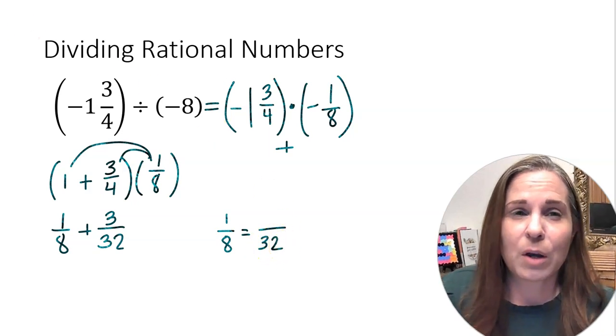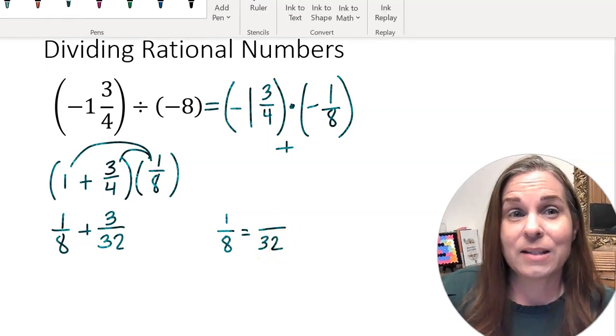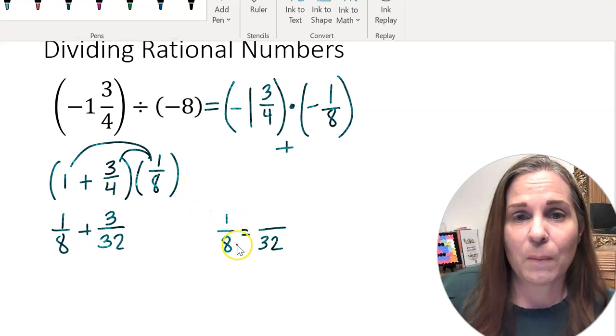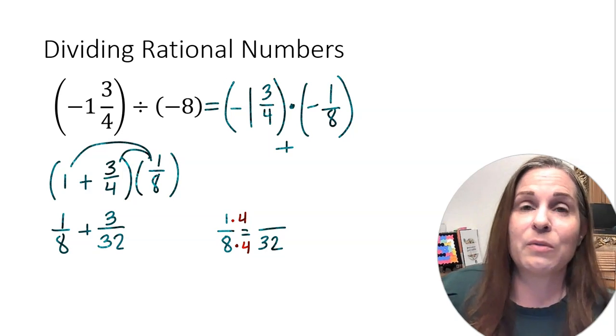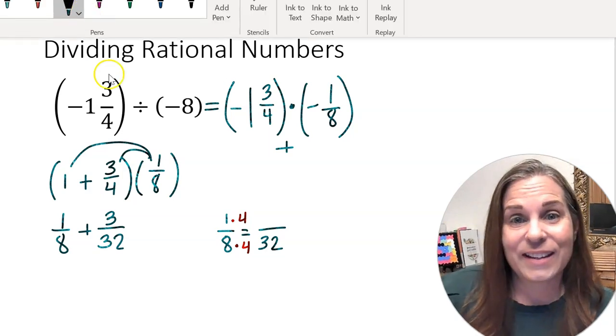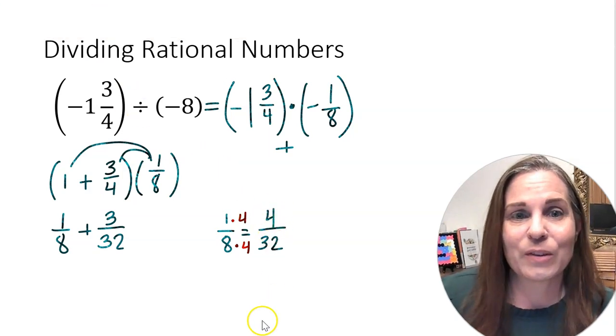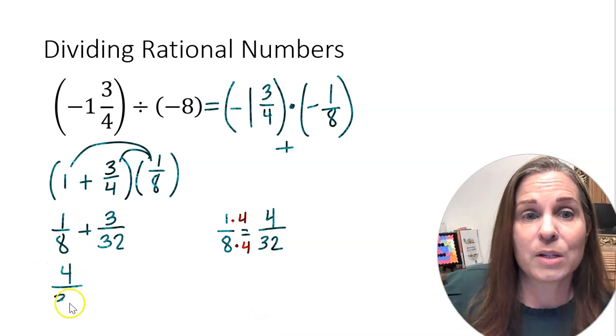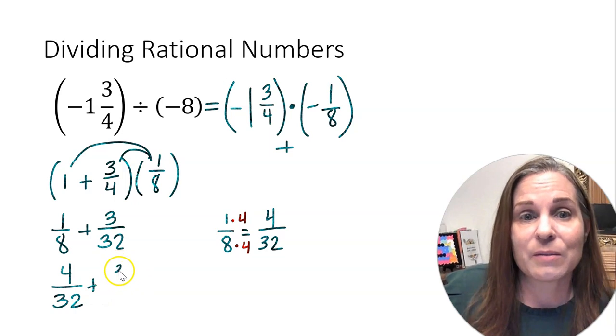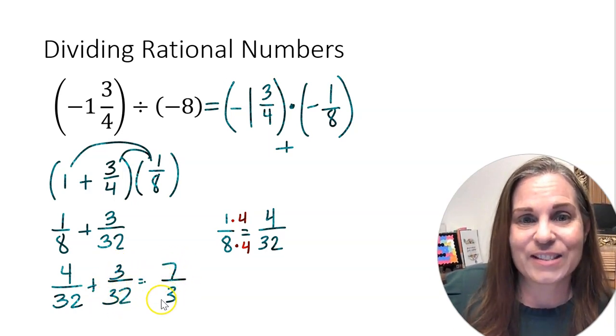So I have to figure out what I would multiply by 8 to get 32. Well, I'd multiply by 4. So I have to also multiply by 4 on top. So now I get 4 over 32. So I can rewrite my problem, 4 over 32 plus 3 over 32 equals 7 over 32.